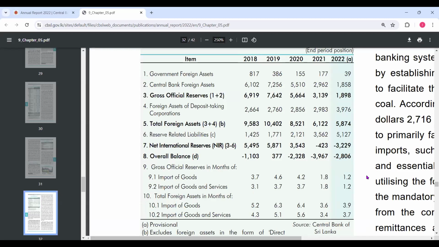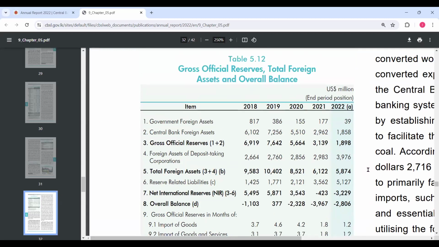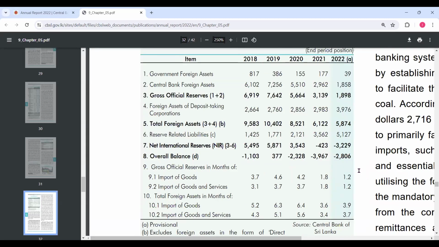Okay. Now, the table is clear. First, we need to find net international reserve assets, item number 7. How do we find item number 7? Can you guys help me?